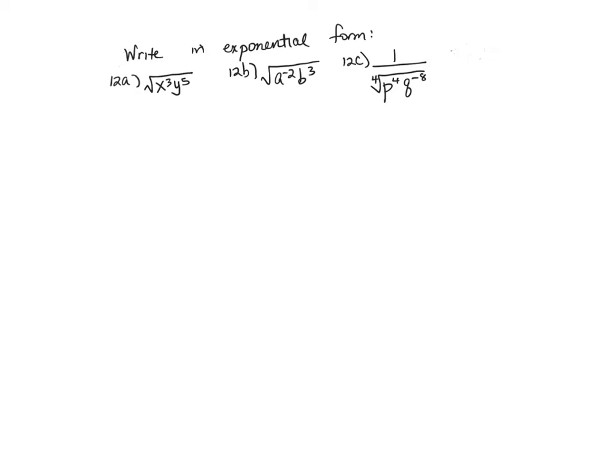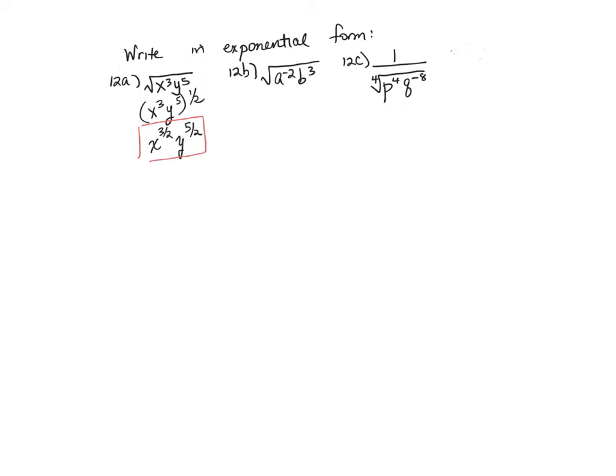All right, for the first one, we can rewrite this as x cubed y to the 5th to the 1/2, which can be written as x to the 3/2 times y to the 5/2. And there's our answer for that.